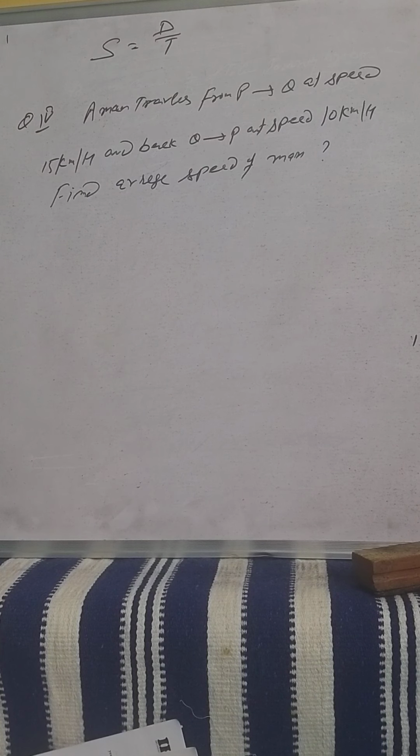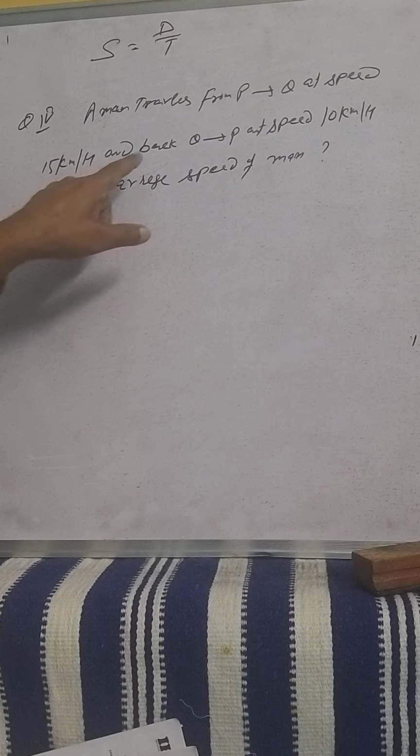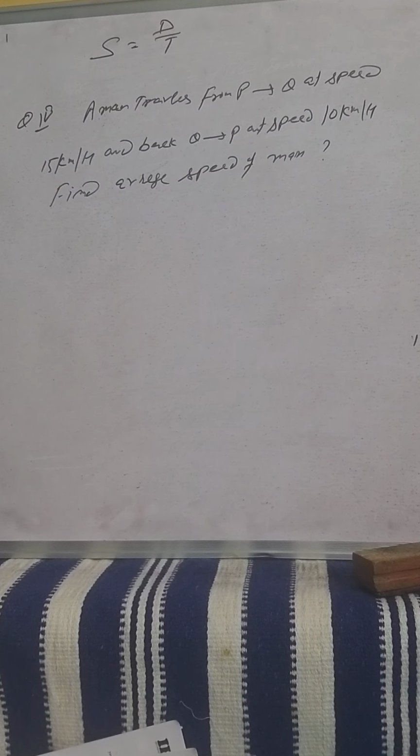Now we take another question. In this question, a man travels from P to Q at the speed of 15 km per hour and back from Q to P at the speed of 10 km per hour, and we have to find the average speed.